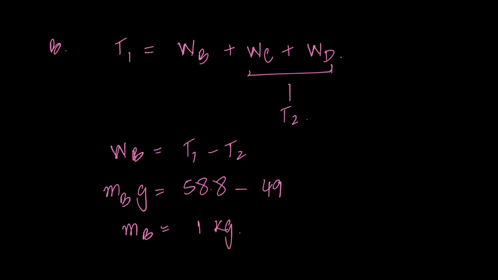And similarly for A, we'll do the same thing, which is going to be the weight of A is equal to the total force in the entire pulley, which is 98. I have a feeling this is going to be heavy, minus T1.